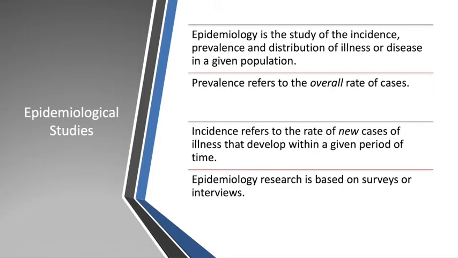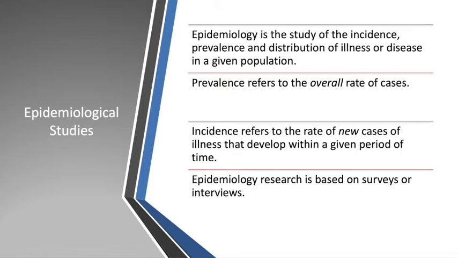So we talked about correlational designs. There are also epidemiological designs. Epidemiological designs are survey-based, and what they do is administer surveys to a large, massive sample size that is as representative of the population as possible.